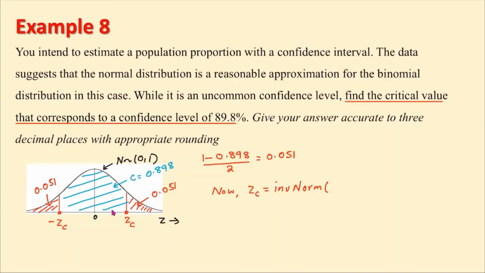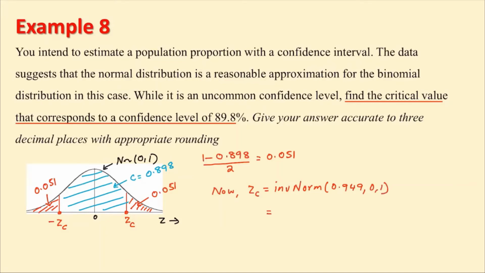So if you add this area, 0.898, plus 0.051, it will be 0.949. That is the area to the left, because in inverse normal we put the area to the left of Z critical. Mean is 0 and standard deviation is 1.